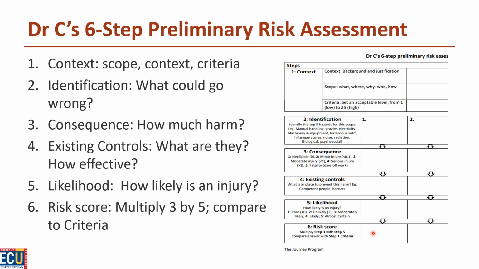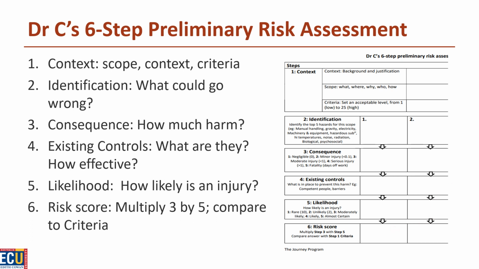And then our risk score is found by multiplying step 3 with step 5. Then you can compare that result with your criteria.